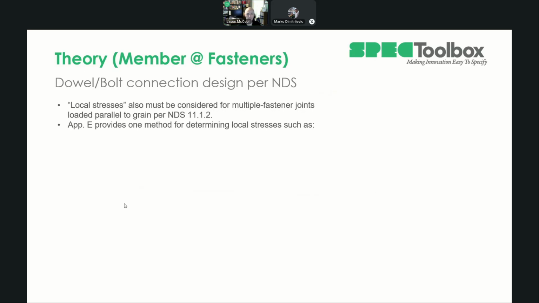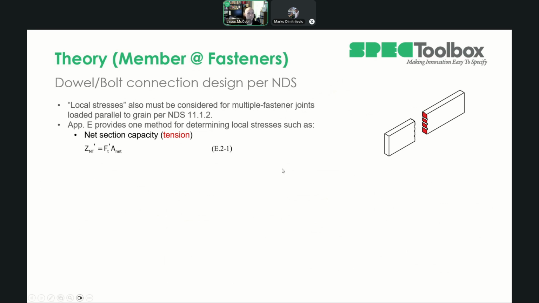You can be an engineer, and if you want to address something else, you're allowed to, but they do point you to this for addressing three specific limit states. One is net section capacity. So it's just your basic tension rupture of a member at a reduced cross section because of holes for bolts or dowels, whatever it is.